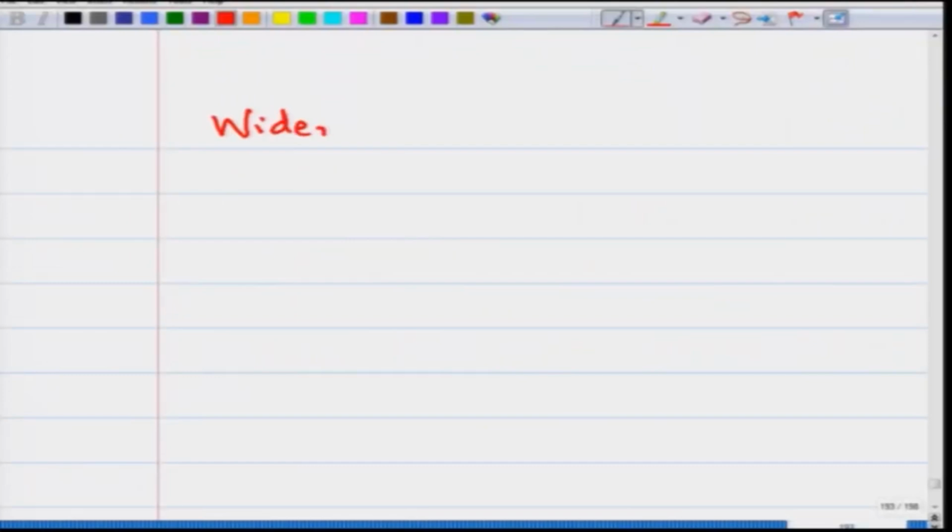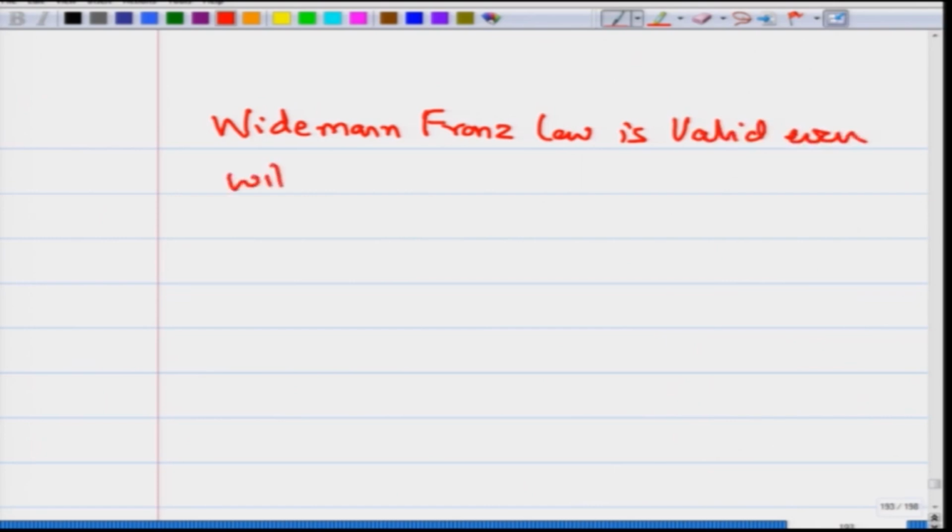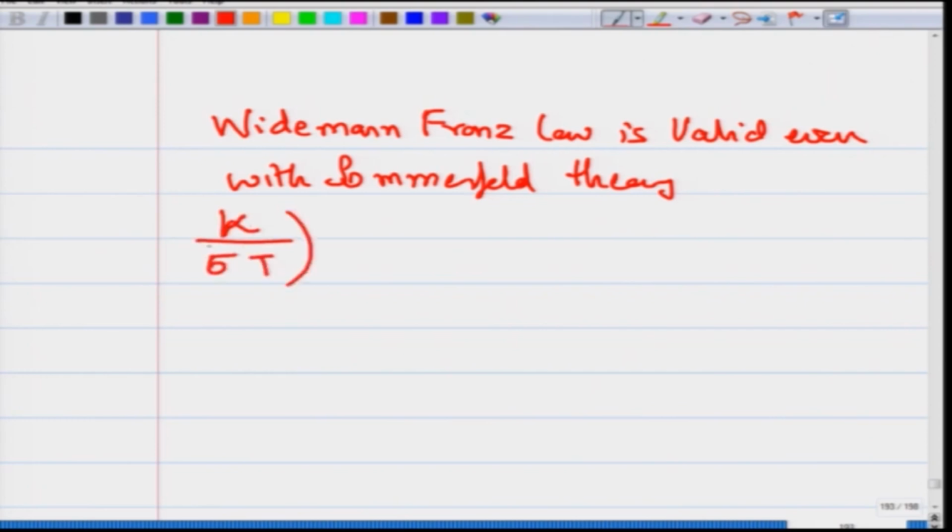The Wiedemann-Franz law is valid even within Sommerfeld's theory, namely the thermal conductivity divided by the electrical conductivity into the temperature is equal to a constant, which is your Lorentz number, and this is about 2.2 into 10 raised to minus 8 watt ohm divided by degree Kelvin square.